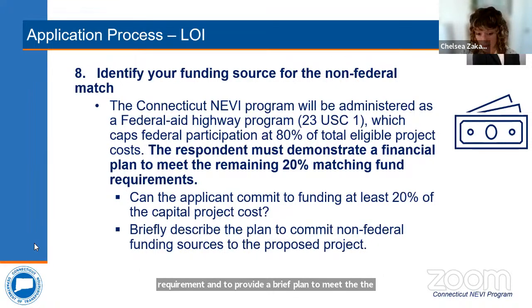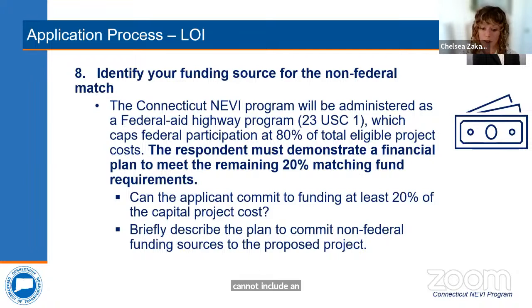The 20% match must be non-federal and cannot include an in-kind match such as staff hours. We do encourage applicants to refer to the eligible project costs indicated in the NEVI final rulemaking. However, specifics on eligible covered project costs will be determined in more detail in the RFP.